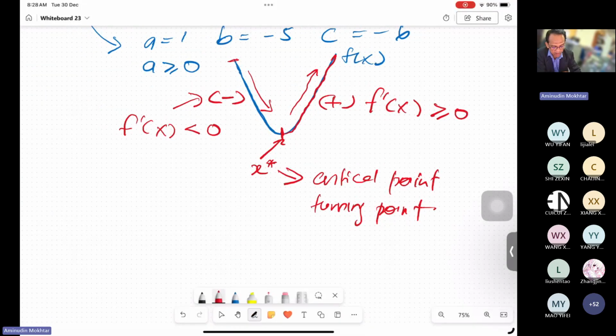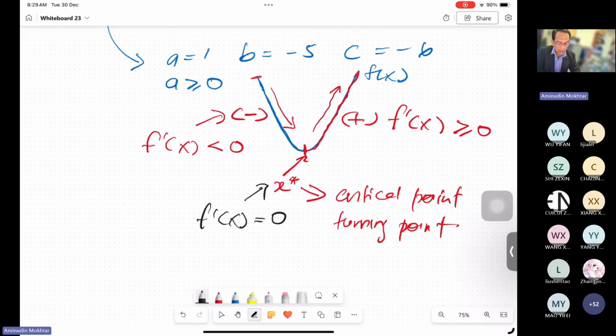At this critical point, at x star, the slope of the function, or the first derivative, is equal to 0. Now we first need to define this area.